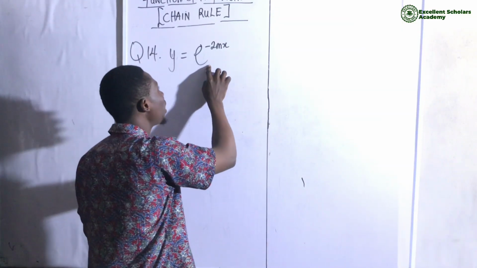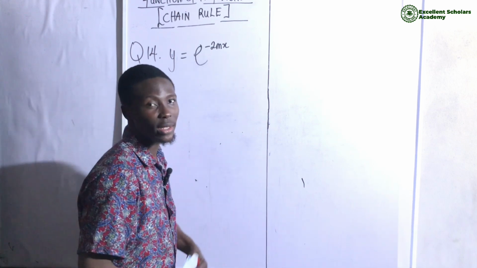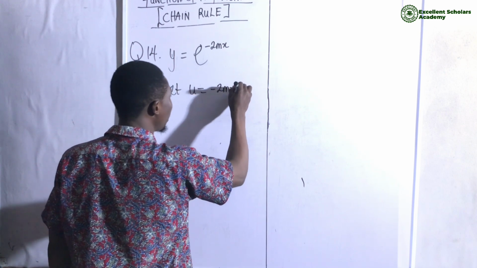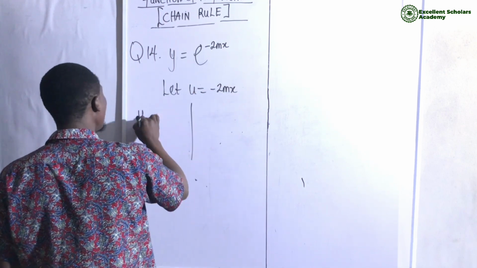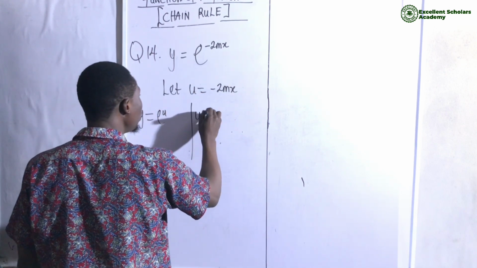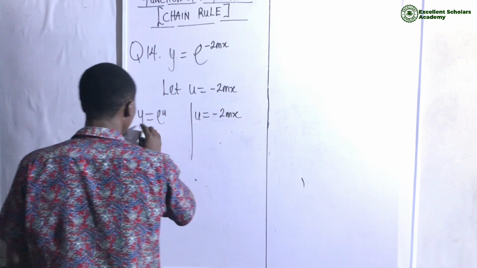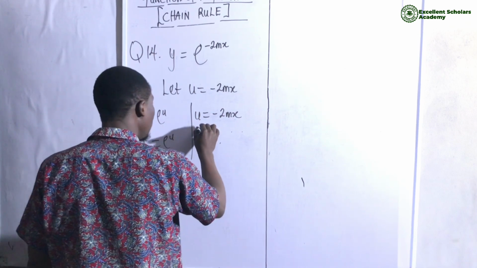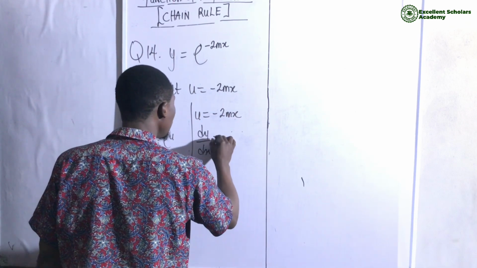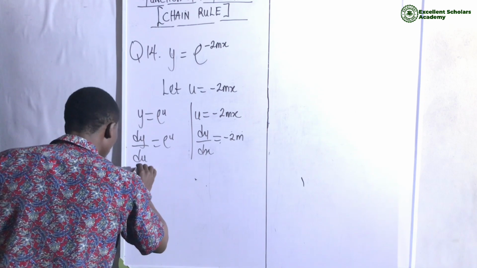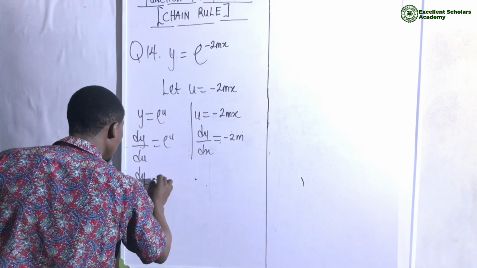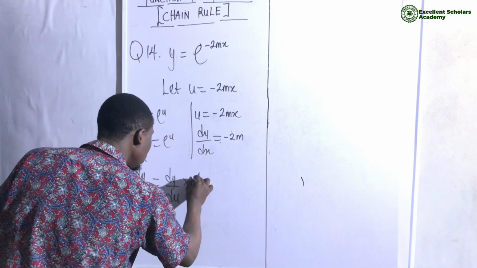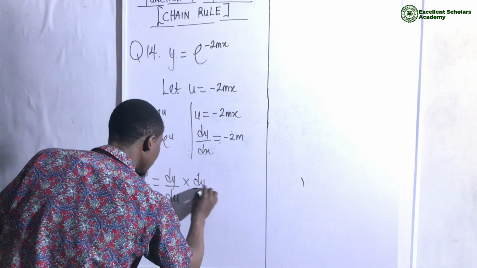y equals exponential minus 2mx. Now, you say let u be equal to minus 2mx. So now this becomes y equals exponential u, and then u equals minus 2mx. Now differentiate this, this will be dy/du, which is going to be equal to exponential u. Differentiate this, this will be du/dx, which is going to be equal to minus 2m. Now, dy/dx is going to be equal to dy/du times du/dx.